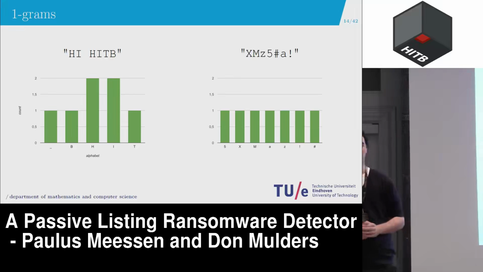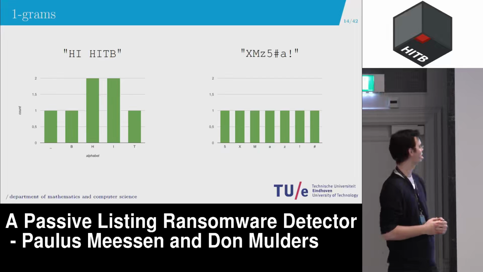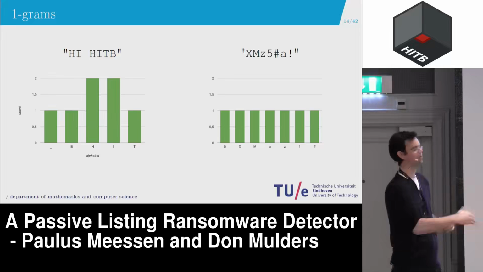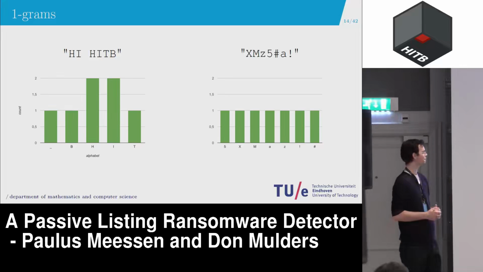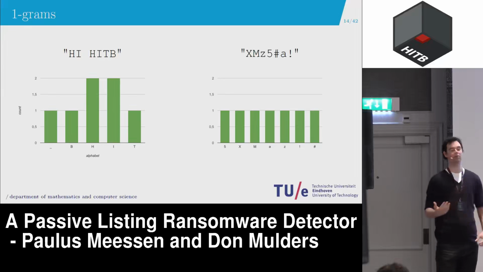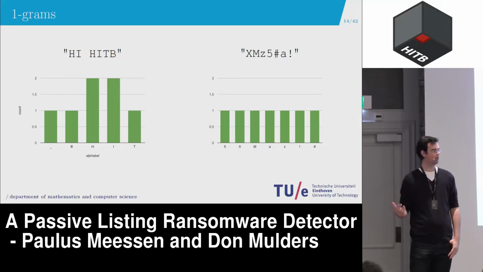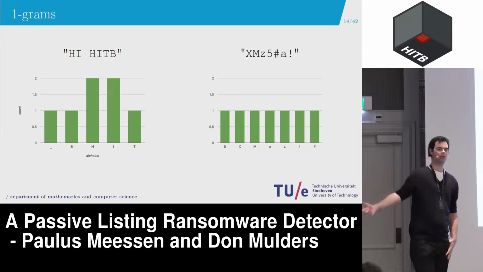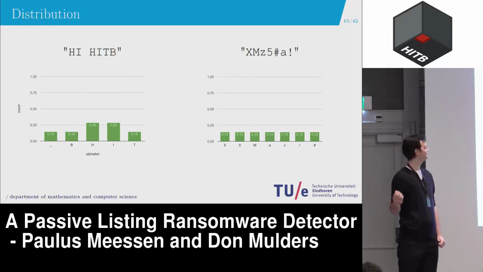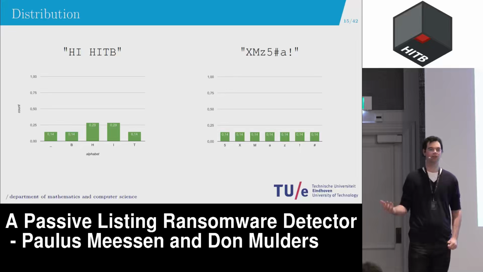The one on the left, the structured file, shows peaks, some regular occurrence of characters and some that are less regular. The file on the right has a very flat profile, which means that it's very hard to say which characters are used in this file because they all occur about as frequently. If we go to the next slide, we turn this into a distribution and actually express the probability of the occurrence of a certain character.